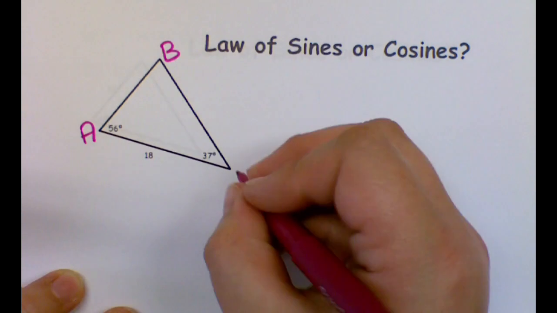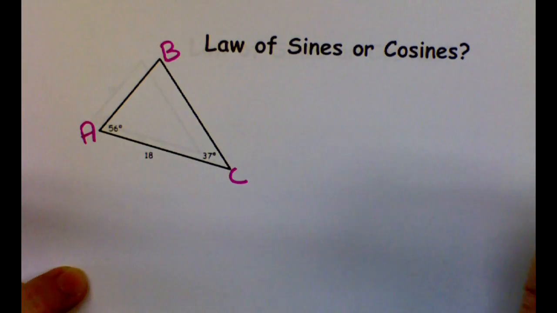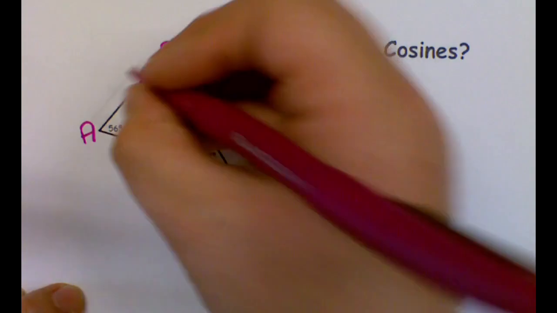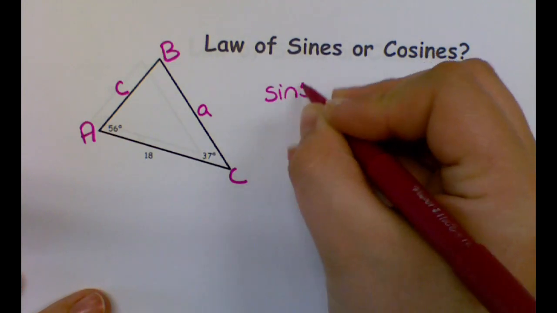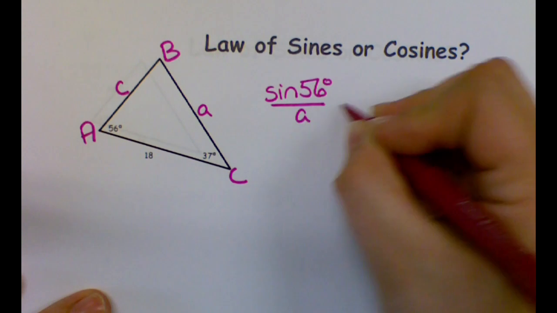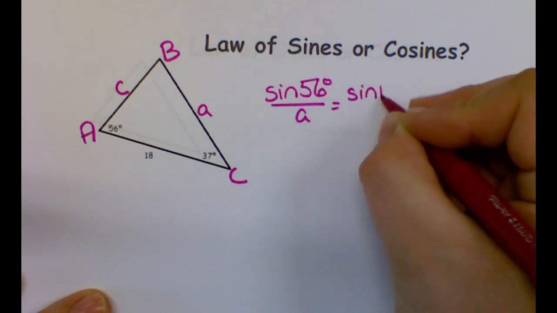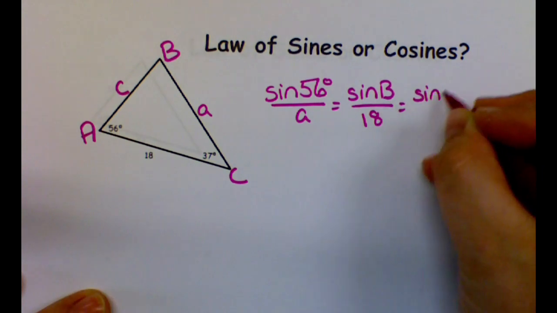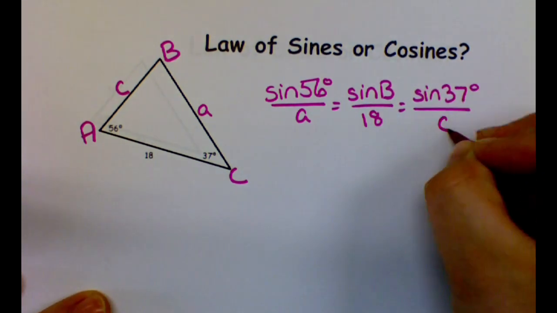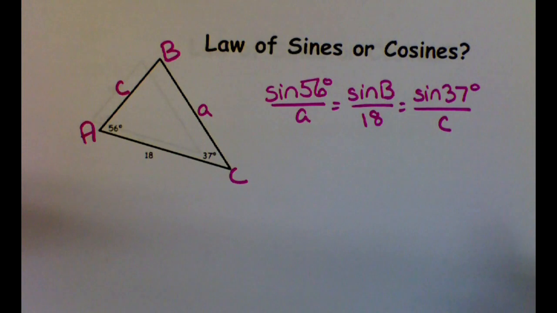A, B, C. All right, well, if I tried to set up law of sines, I'd take the sine of 56 degrees over A equals the sine of angle B over 18 equals the sine of 37 degrees over C. Now I don't have an anchor, which is a red flag for the law of sines.